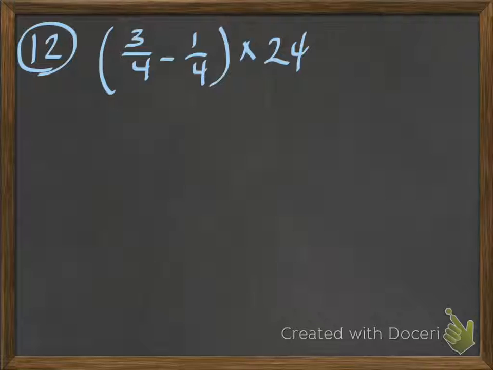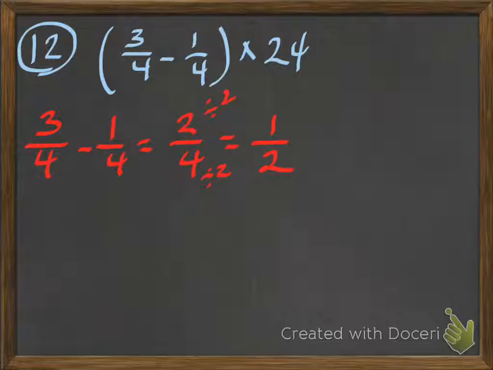Number 12. Okay, I'm going to use what I know about Please Excuse My Dear Aunt Sally again and start with the parentheses. So I get 3/4 minus 1/4. This time the denominators are the same, so I don't have to change them. And 3/4 minus 1/4 equals 2/4. And I can simplify that by dividing the denominator and the numerator by 2.